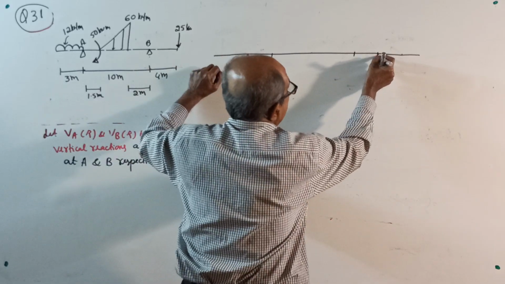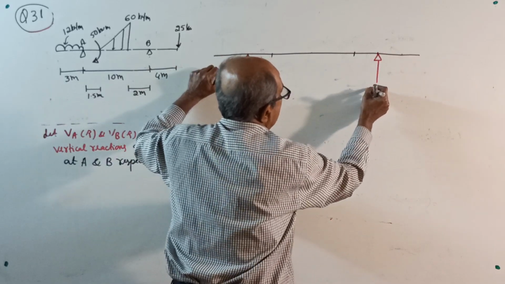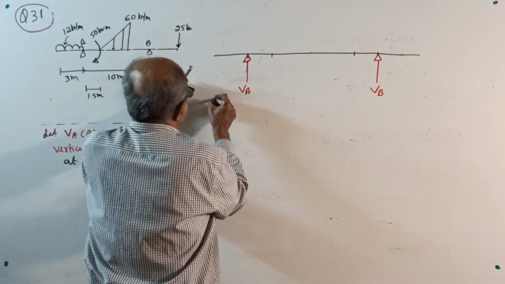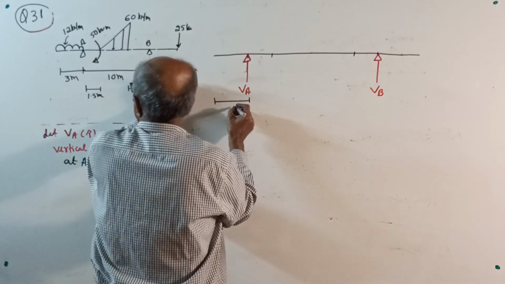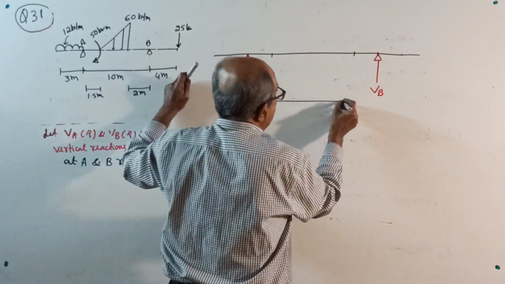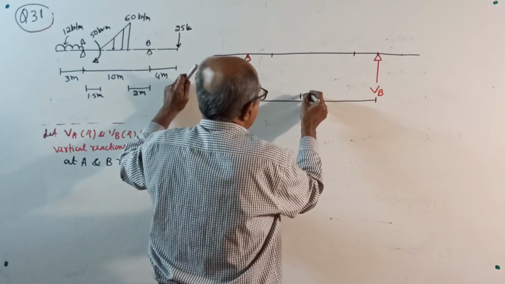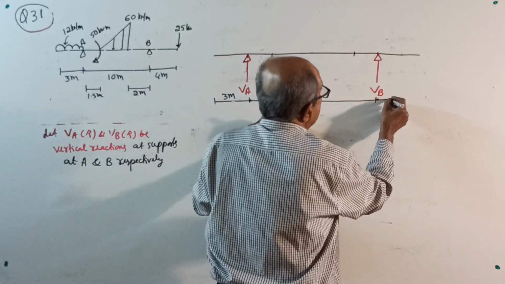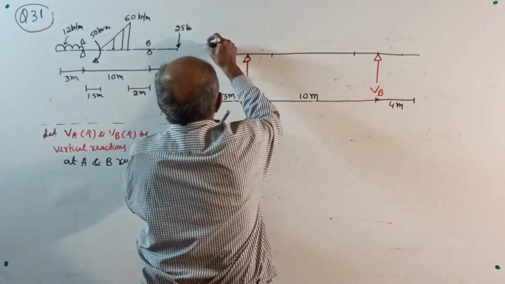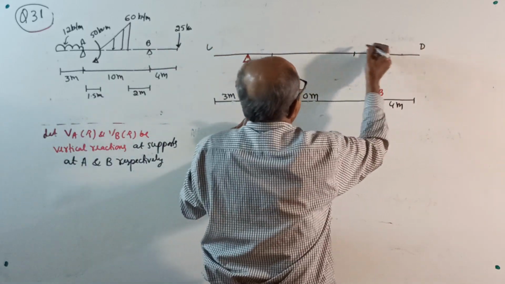VA, VB, this length is 3 meter, this full is 10 meter, this is 4 meter. I will take the points C and D here, actually not required. This is AB.